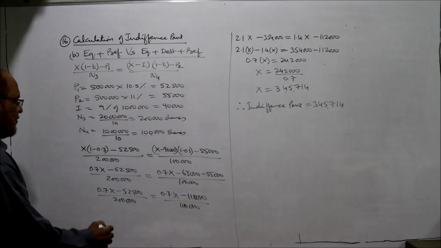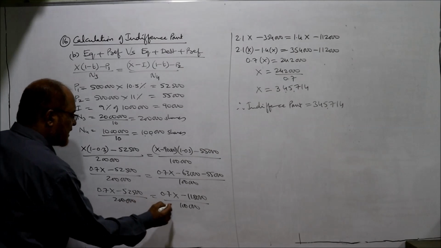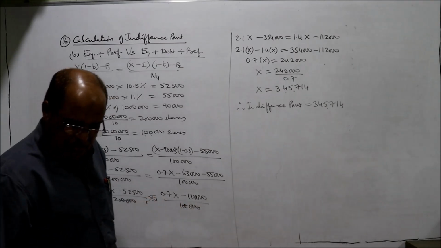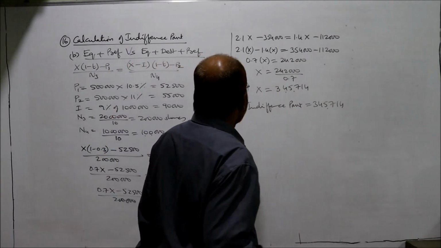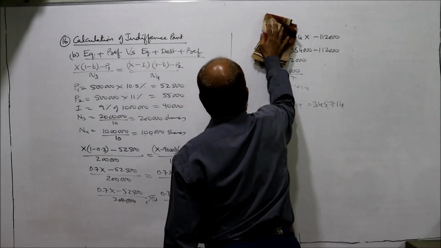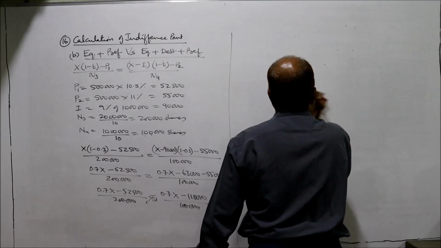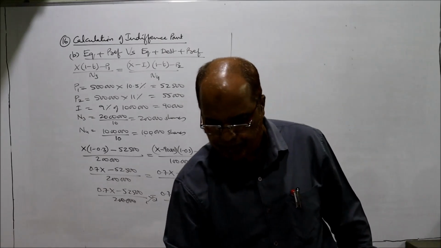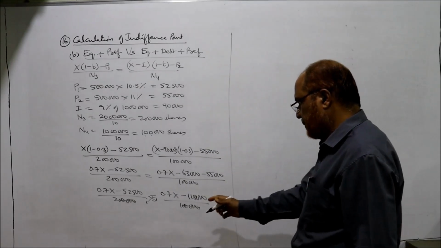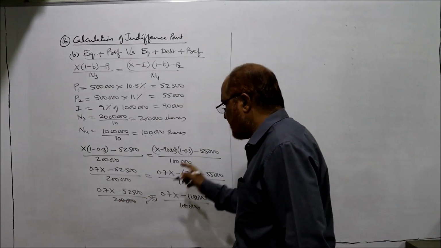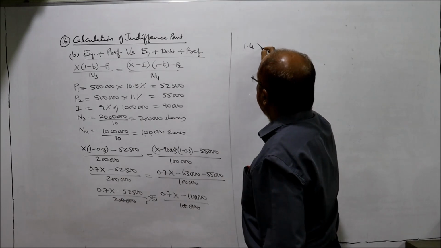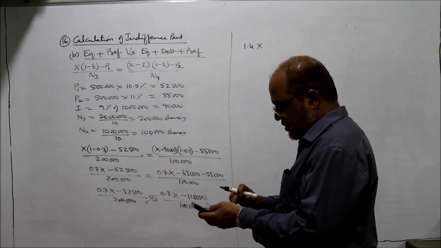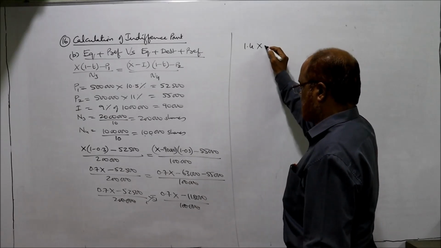Now what we'll do is, we cancel 5 zeros left hand side, 5 zeros right hand side. Now we make a cross multiplication. 2 into 0.7 is 1.4x. 2 into 1,18,000 is equal to 2,36,000.